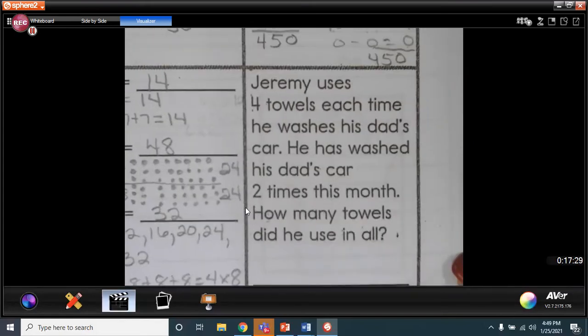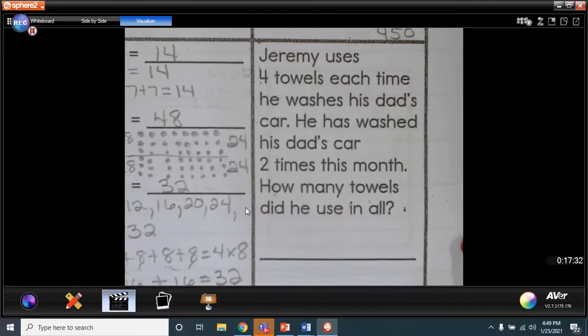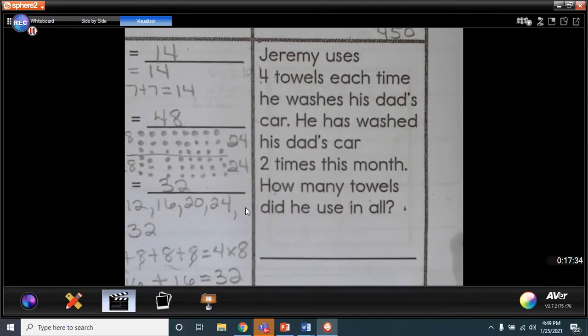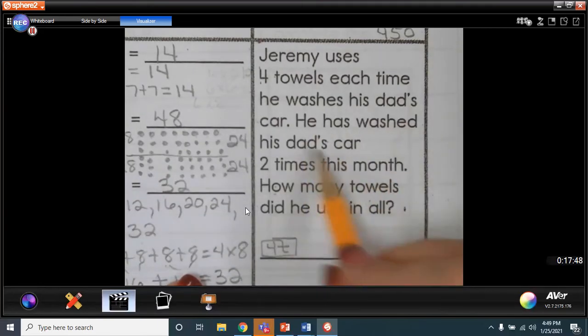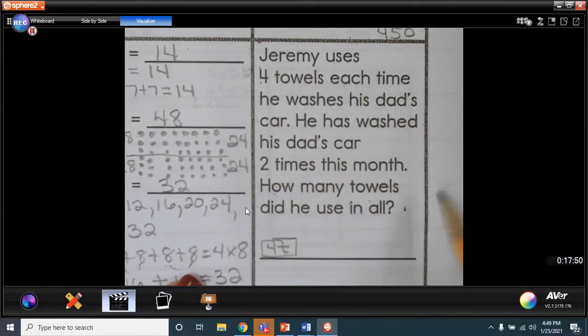So now let's take a look at our word problem. It says Jeremy uses 4 towels each time he washes his dad's car. So let's think about it this way. He washes his car, and when he washes the car, he's going to use 4 towels. So now it says he has washed his dad's car 2 times this month.